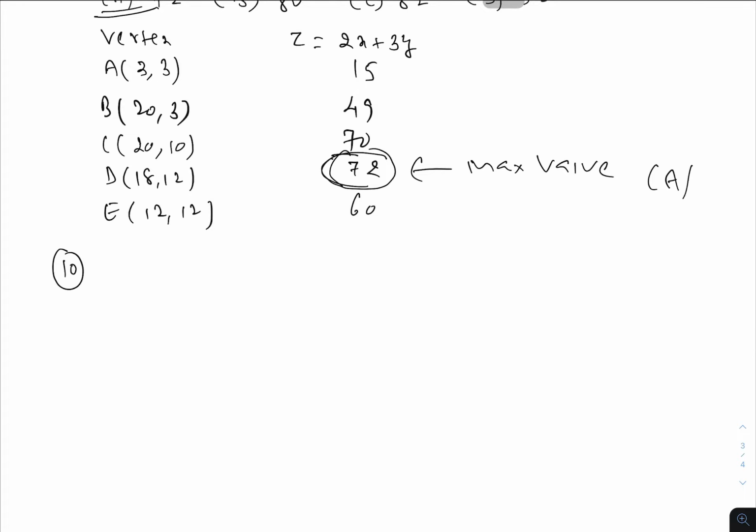So here the question is: the solution of the following LP problem is blank.